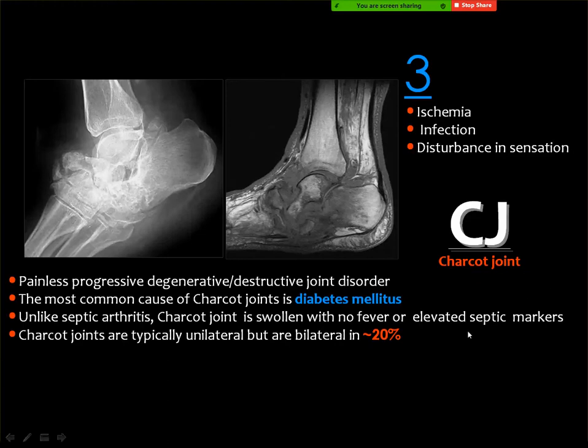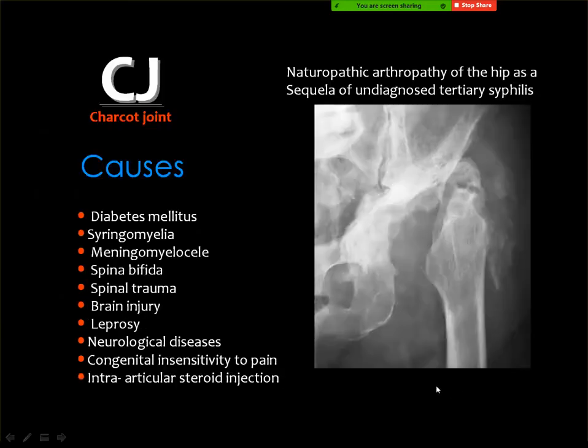The Charcot joint is a manifestation of three items: ischemia, infection, and the loss or disturbance of sensation. This is commonly seen in diabetic patients with destructive changes in the affected joint. These destructive changes are usually referred to by the 5 Ds or the 6 Ds, as you know, and these are the causes.